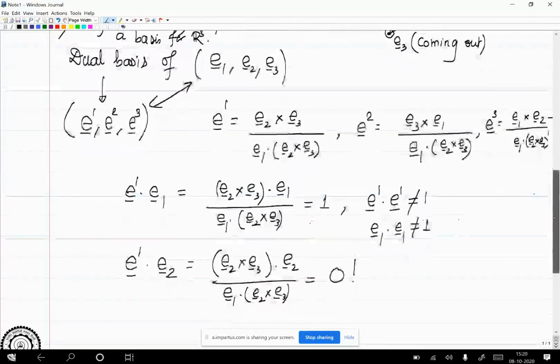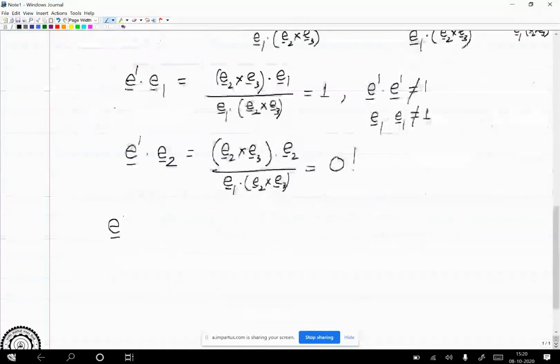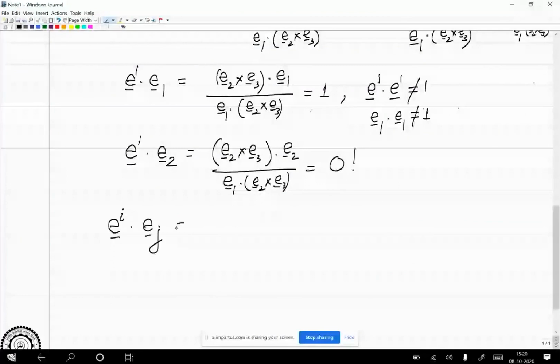So you see, dual bases are such that you can finally write the following: E super i dot with E sub j is equal to the Kronecker delta, super i sub j. This is the same Kronecker delta. When i is equal to j, it is 1, otherwise it is 0. Now you see it is such a nice property with bases which are not perpendicular to each other.